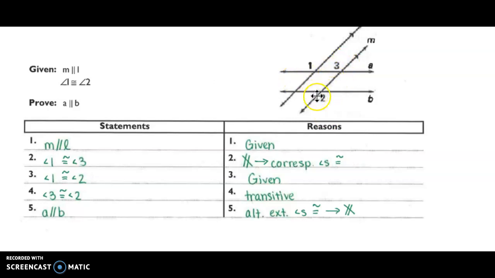Angle 3 and angle 2 are alternate exterior angles, and we already showed that they are congruent, which must mean that lines A and B are parallel, which is what we're trying to prove, right? So they're parallel because alternate exterior angles make these lines parallel.